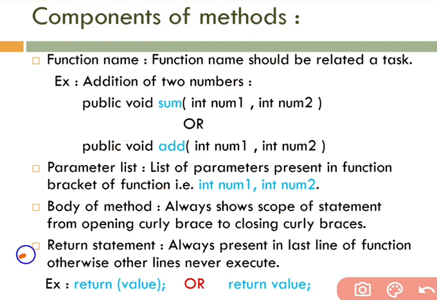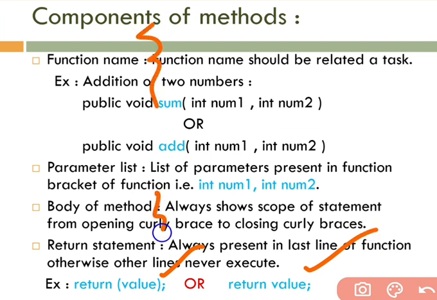And after that we have the return statement. Just remember that the return statement should be in the last line of a function, because return shows us that we have to return a value from that position only. After that nothing runs.